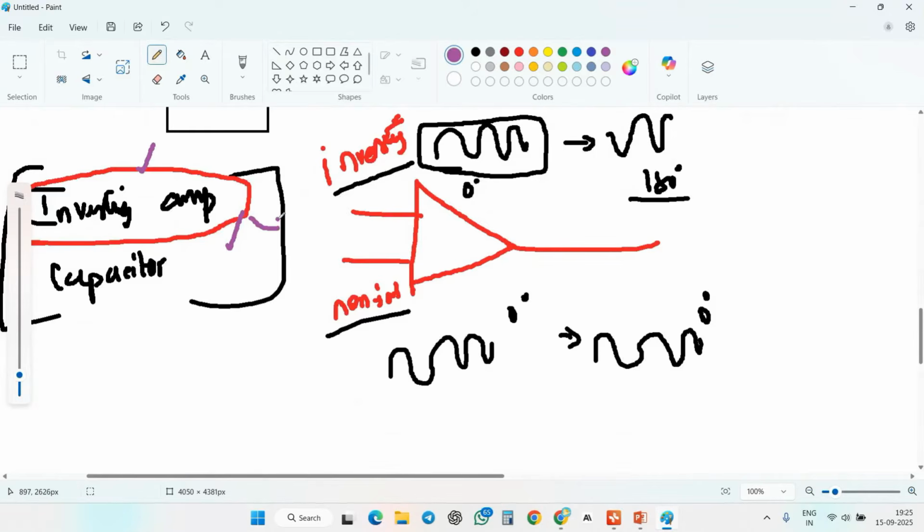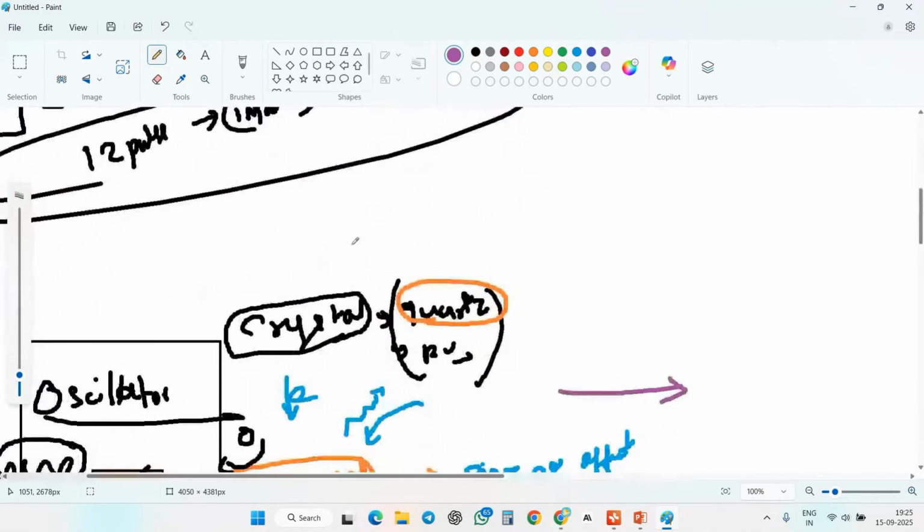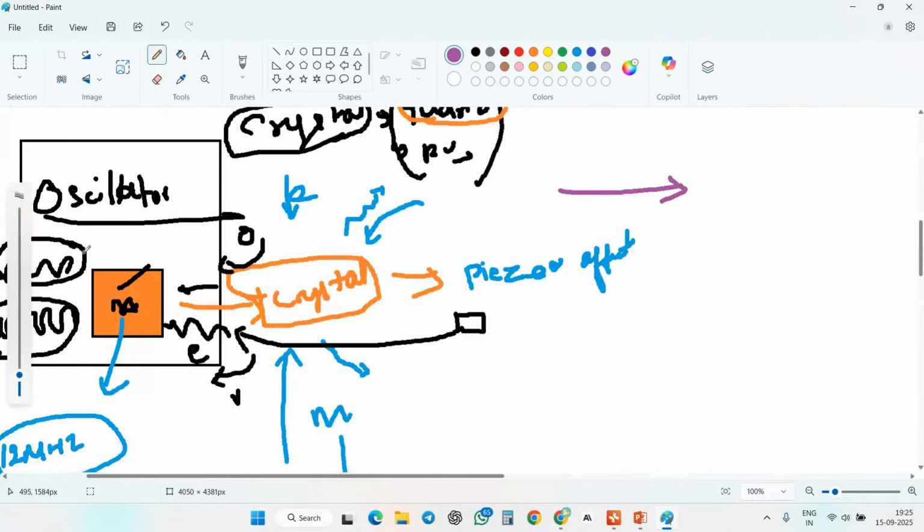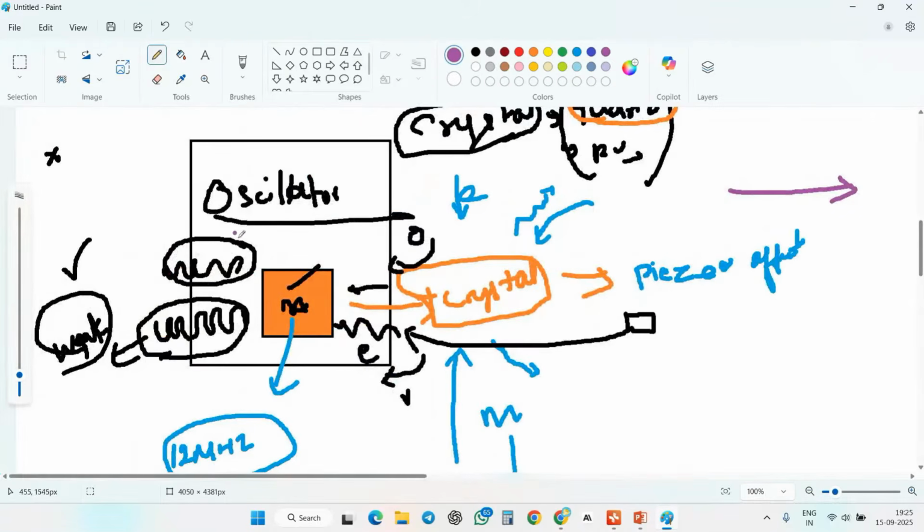For that, I'm bringing this amplifier, but at the output I need to have the same phase of signal. So here, this crystal is producing some kind of weak signal. We know that it is mechanically disturbed and producing some weak signal.